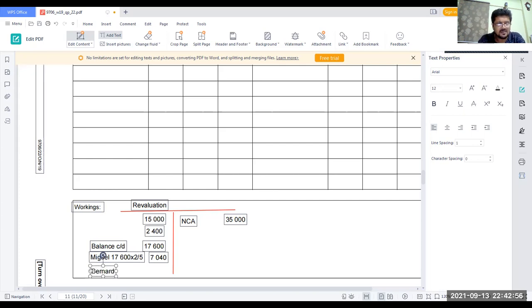Bernard will get 17,600 multiplied by 3 upon 5. Bernard will get 17,600 multiplied by 3 divided by 5. The answer is 10,560.